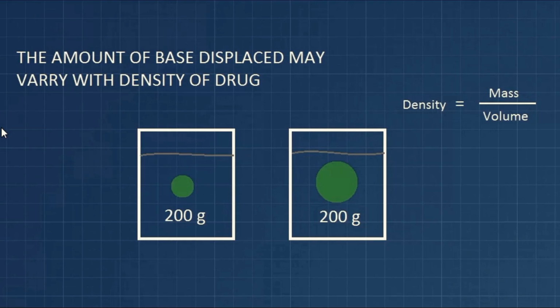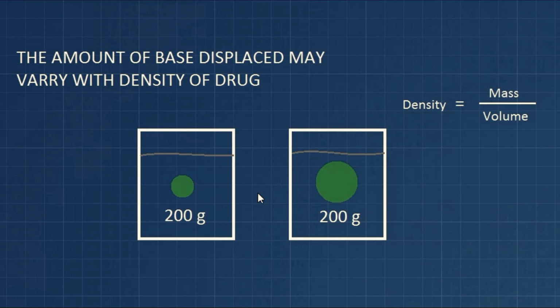So the amount of base displaced may vary with the density of the drug. Now consider these two suppository molds of equal capacity containing the same amount of base. Now we add drug in each of these molds, of equal weight but of different densities. As you can see in this figure, this suppository mold contains the drug of less volume but with a higher density. From the formula we know that density equals mass over volume, where density is inversely proportional to volume.